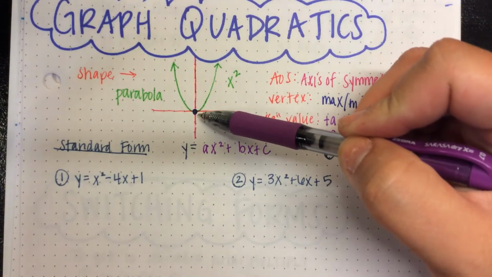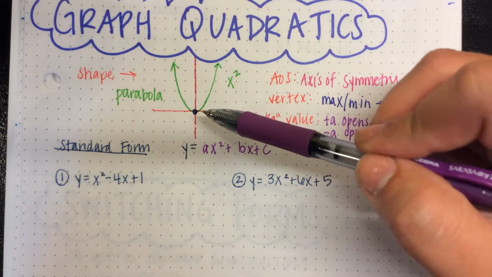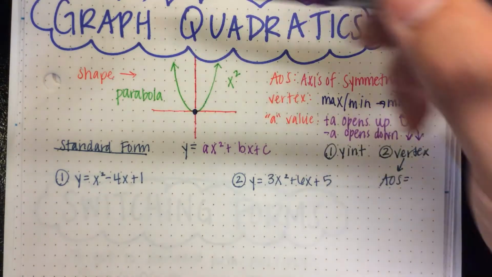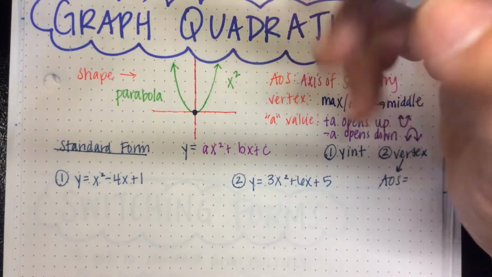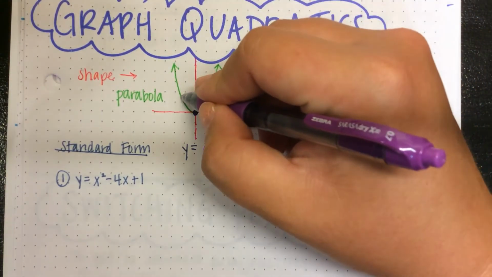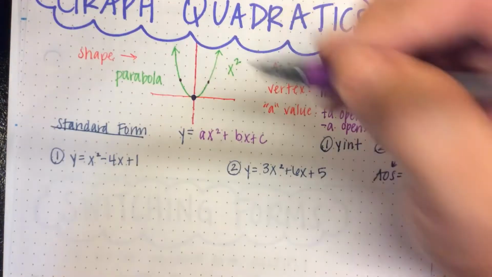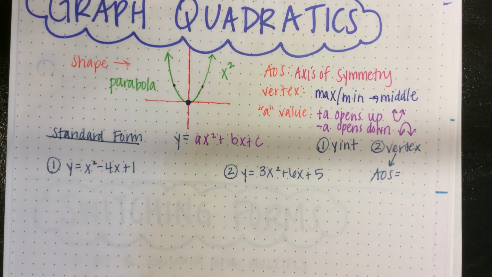That's the most important point on your parabola. You have to have that vertex in order to graph your parabola. All right, so once I have the vertex, I just need one other point on either side because it's symmetrical. So if I find a point here, I know that I can reflect that over, and that's enough to give me a U. So I need 2 points, and one of them has to be the vertex.